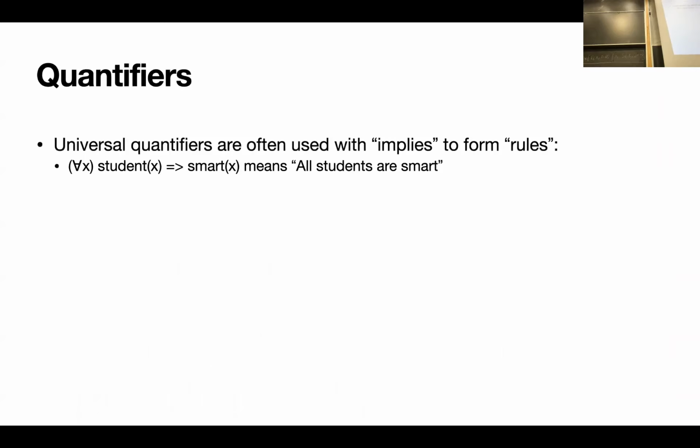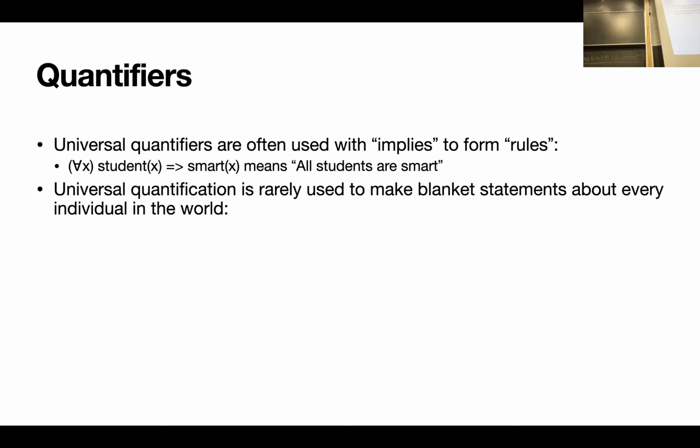In general, universal quantifiers are often, not always, used with implies to form rules. For example, for all x, Student(x) implies Smart(x), which means all students are smart. That's how we would translate that English sentence into logic, and vice versa.